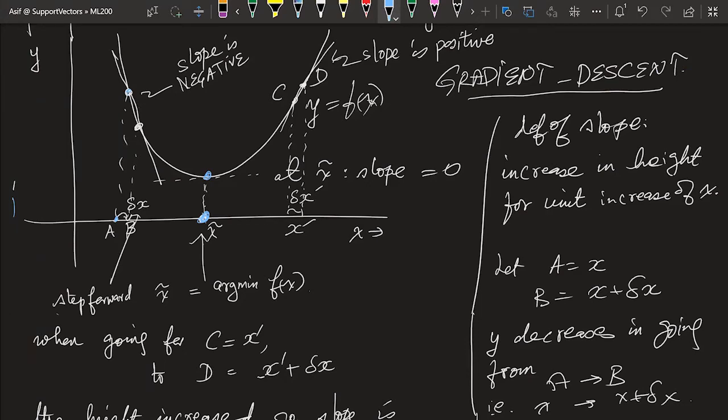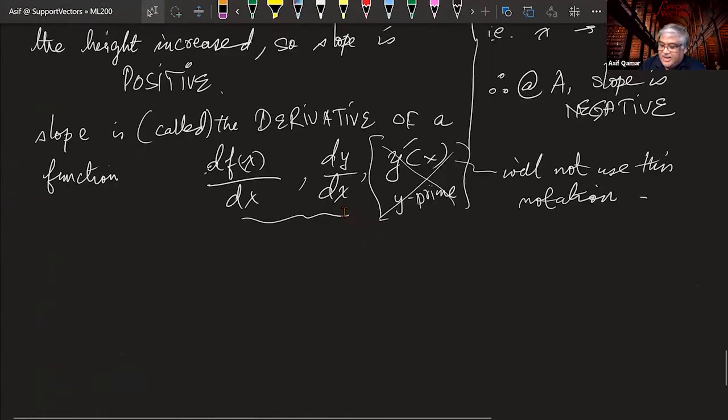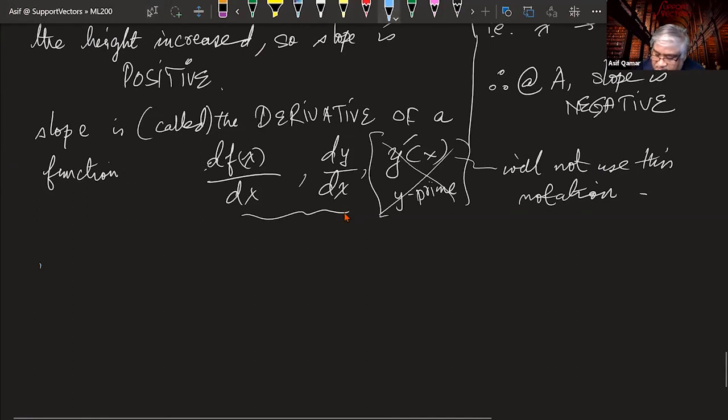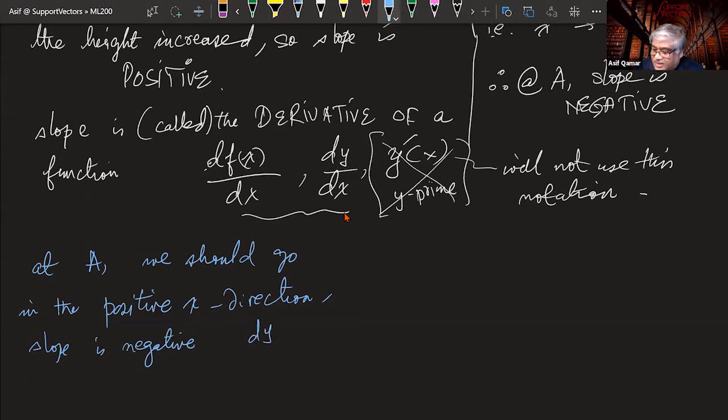Positive x direction, right? So at A, we should go in the positive x direction. The slope is negative, so dy/dx is less than 0 at this point.